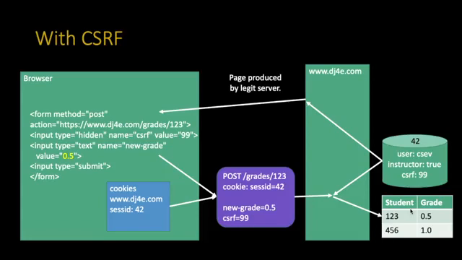So with the CSRF defense, the legit server adds another value in the session, not the session ID, but a large randomly chosen number. Then when a page comes out, it's a legit page, and it uses a type hidden variable and puts the CSRF value in. Now you hit the submit button, and the CSRF is coming in as post data.